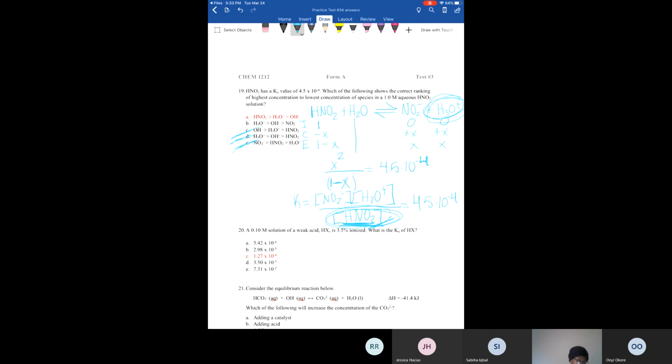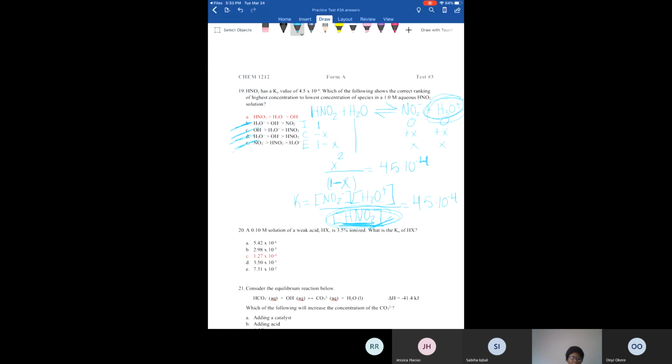But also remember that your H3O plus concentration is going to be equal to your NO2 minus concentration. So it couldn't be B, because if your OH minus concentration is smaller than H3O plus, your NO2 minus concentration can't be smaller than OH minus.